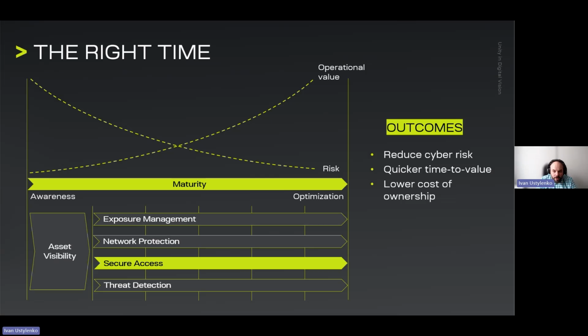So in terms of OT cybersecurity, I would put it this way. When you have already enabled some sort of asset visibility, and that is by far one of the most important parts of establishing OT cybersecurity, because I'm sure you have heard the saying that you cannot protect what you don't know. So in order to secure the OT, the cyber physical infrastructure, you have to know all about it.